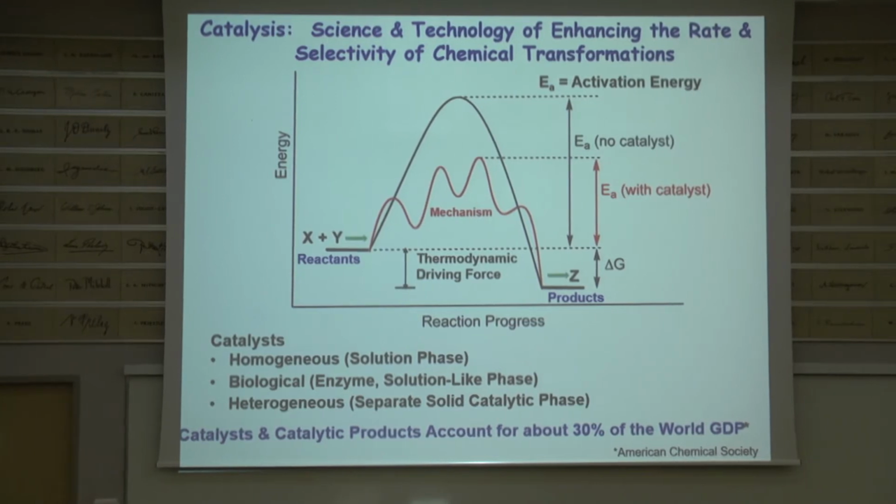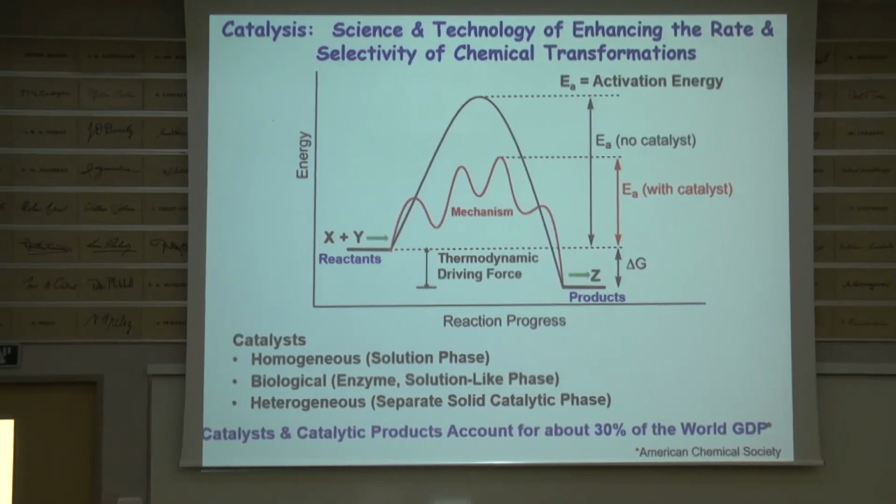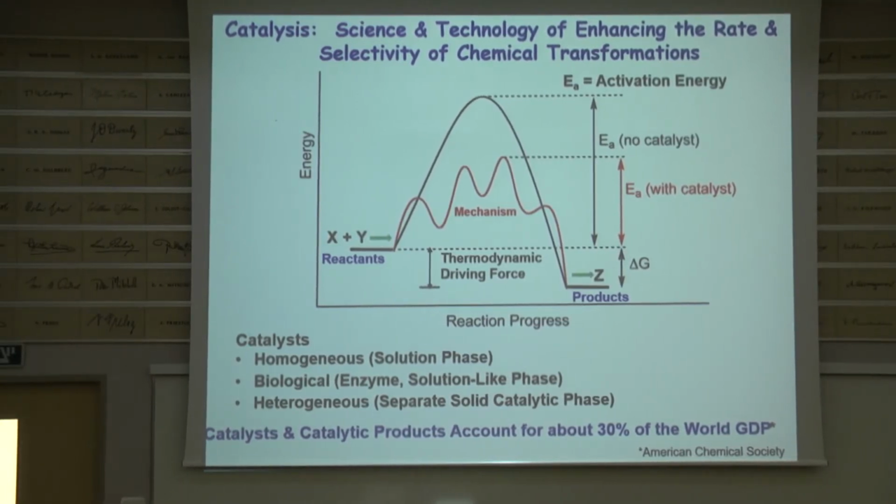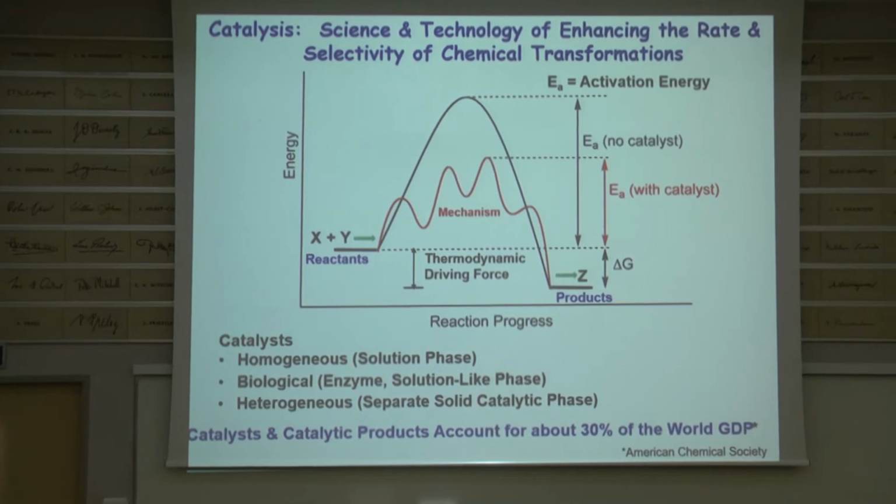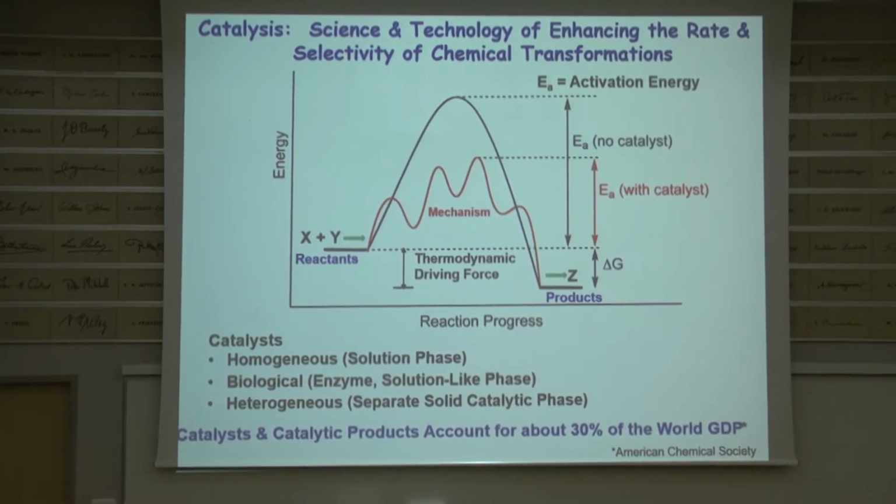And if you think these kinds of things are just trivial, academic exercises, catalysts and catalytic processes account for about 30% of the world's gross domestic product. If all of the Haber plants to make ammonia from nitrogen and hydrogen were turned off today, within about a year, 2 billion people, it's calculated, would die of starvation.